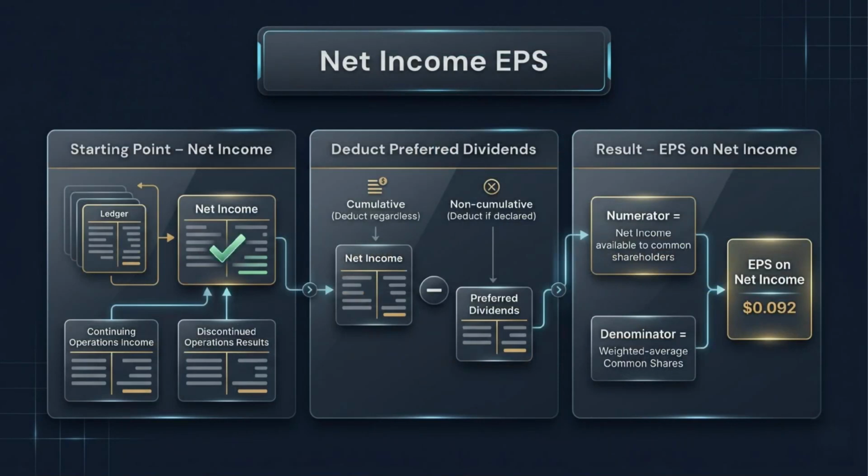EPS on net income uses total net income as the starting point. Net income includes the full period result, including continuing operations and any discontinued operations. The preferred dividend deduction rule does not change just because the income line changes. Deduct the applicable preferred claim, then the result becomes income available to common shareholders for net income EPS.